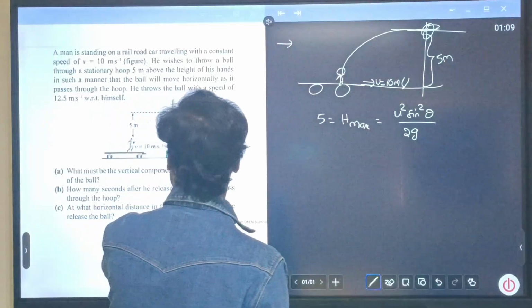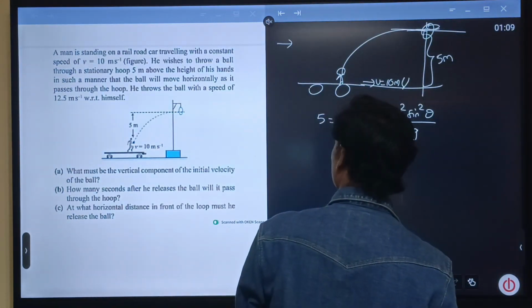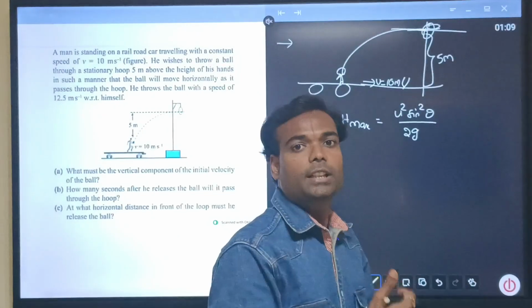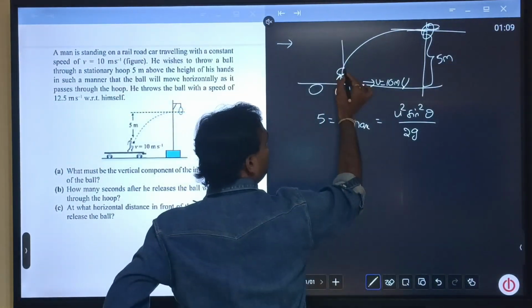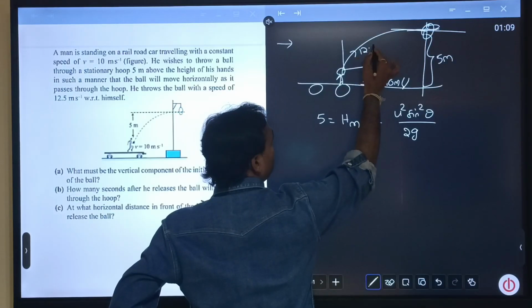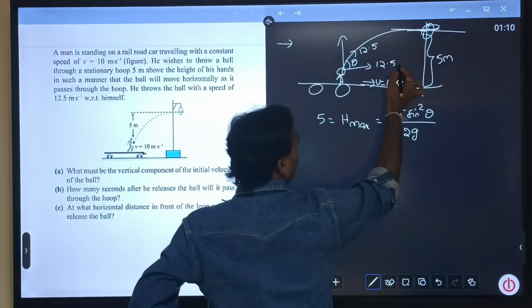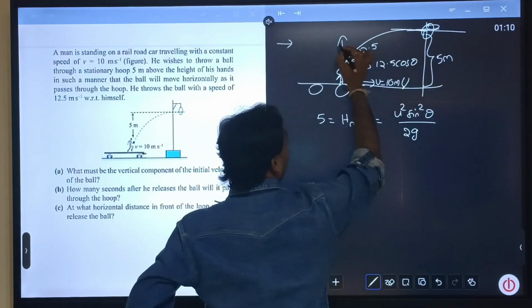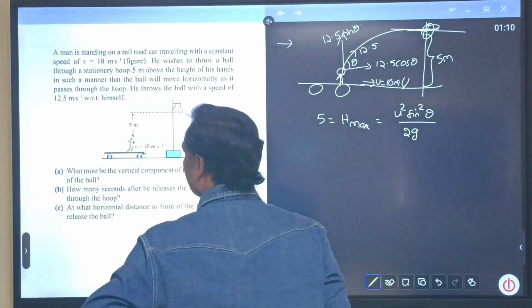Now he throws the ball with a speed of 12.5 meters per second with respect to himself, that means with respect to trolley. Now this is equal to 12.5 and theta. This will be 12.5 cos theta, and this will be 12.5 sin theta, right?